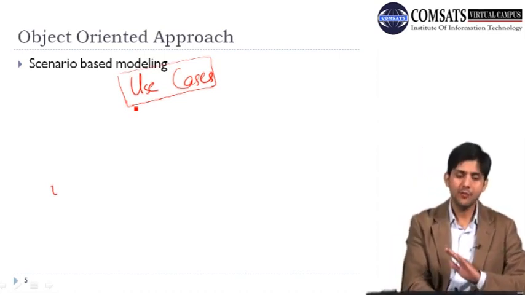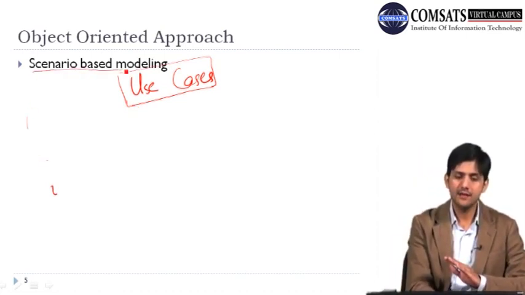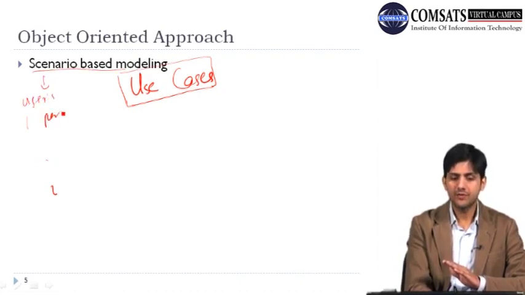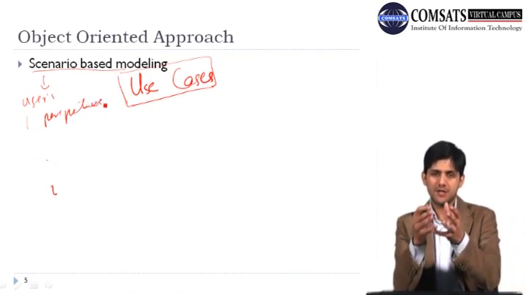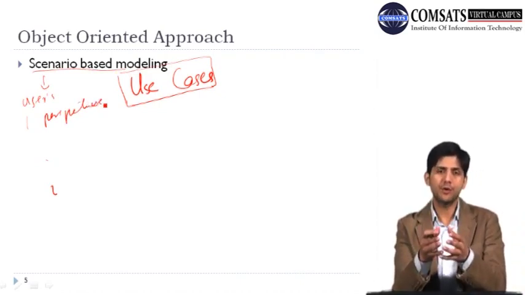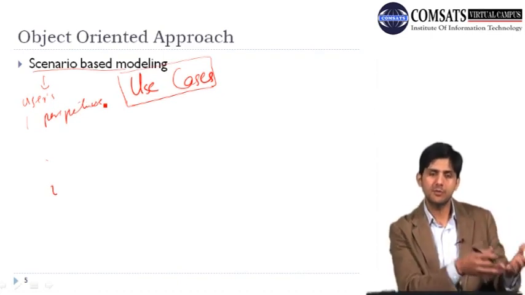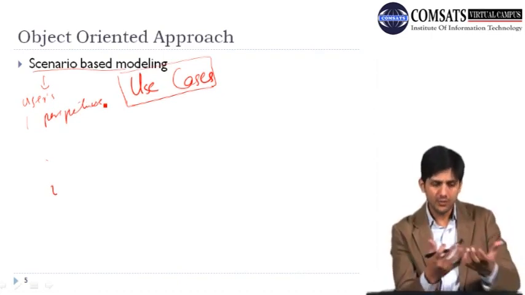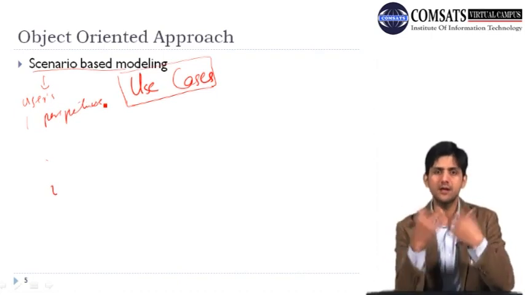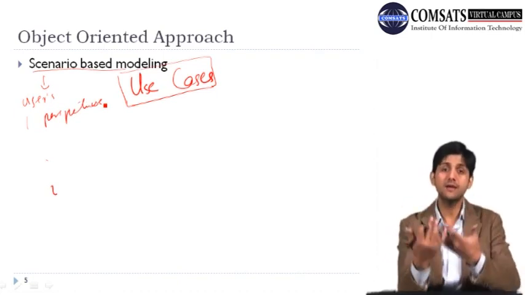One thing that is important with scenario-based modeling is that it gives us the user's perspective of the system. We try to understand the functionality and behavior of the product from the user's perspective, because the user is the key to scenario-based modeling, which is centered around the users, or the actors, of the system.